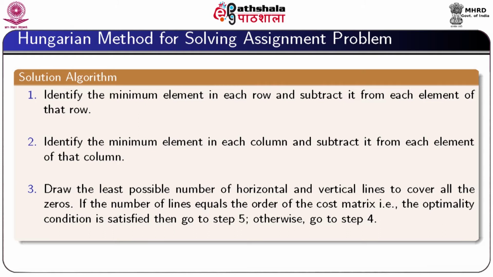Then, in step 3, we draw the least number of horizontal and vertical lines to cover all the zeros. Now, if the number of lines equals the order of the cost matrix, then we go to step 5. Otherwise, we go to step 4.